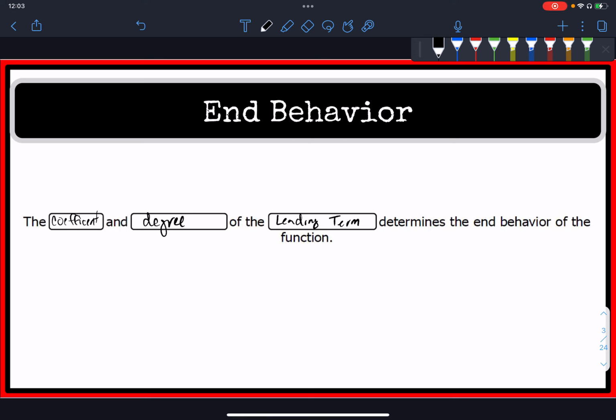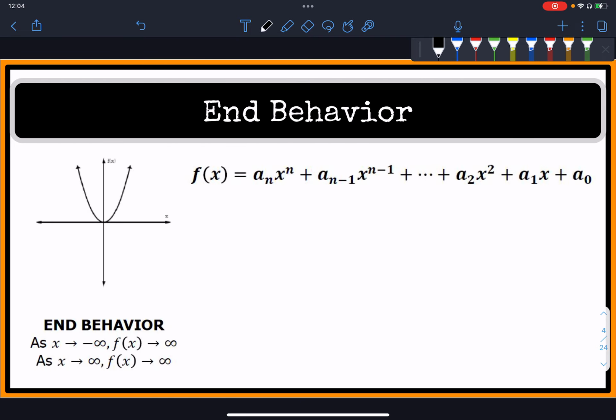So the coefficient and degree of the leading term determines how the graphs are going to behave, the end behaviors of our function. So we use the same procedure and technique from our power functions for a polynomial.